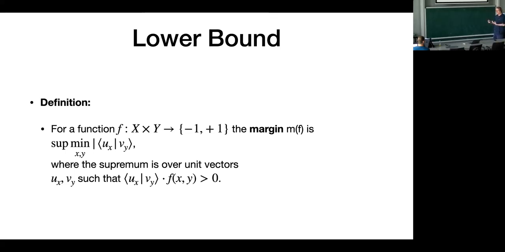Then you can say that these vectors sign-represent a function, and you try to drive this value as high as possible by choosing sufficiently good unit vectors. And this is basically the margin that you get achieved, and it has to be achieved on all inputs.